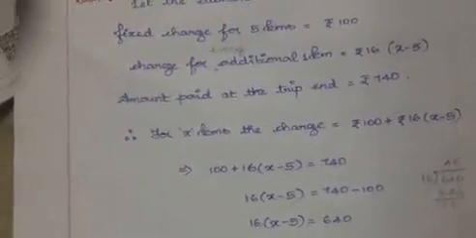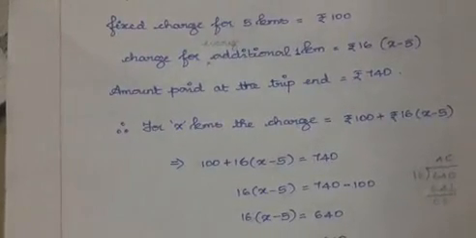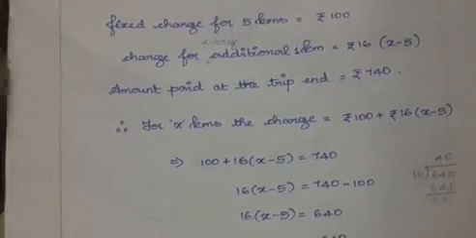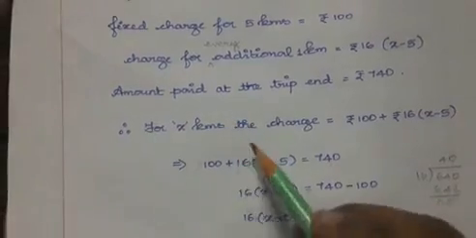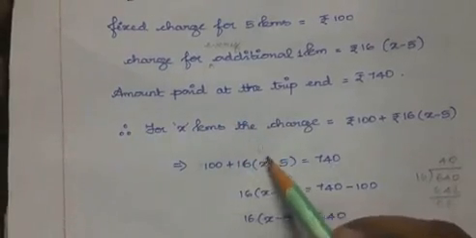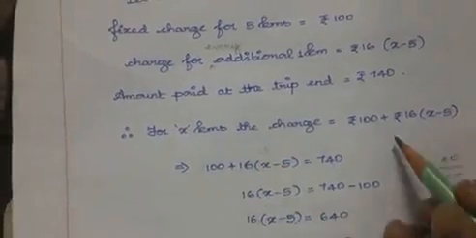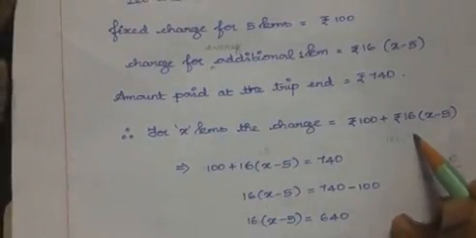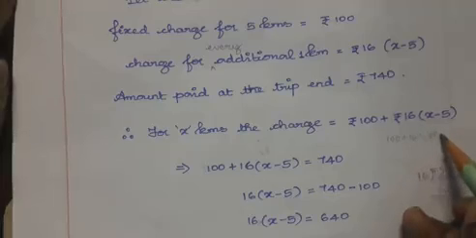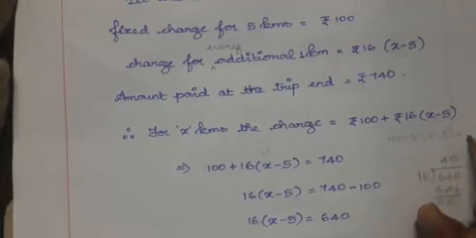Now, you can ask, Miss, how can I verify this answer? Yes, you can verify by substituting 45 here instead of x. When you solve 100 plus 16 into 45 minus 5, find what will be the answer.